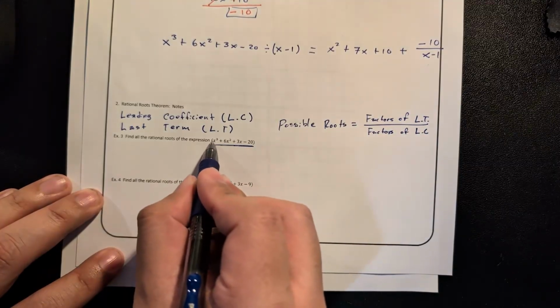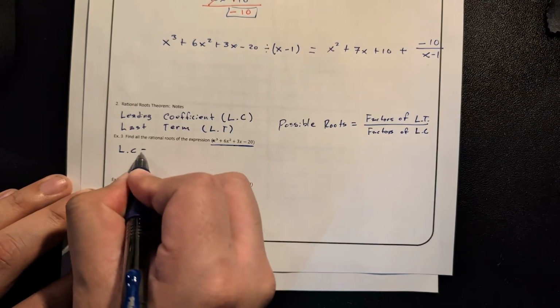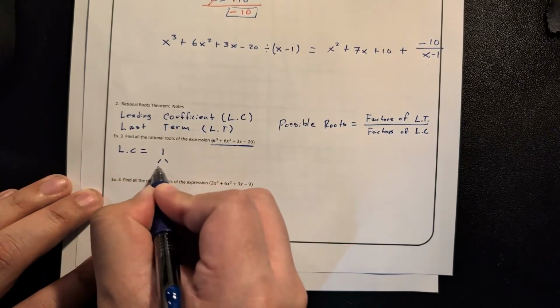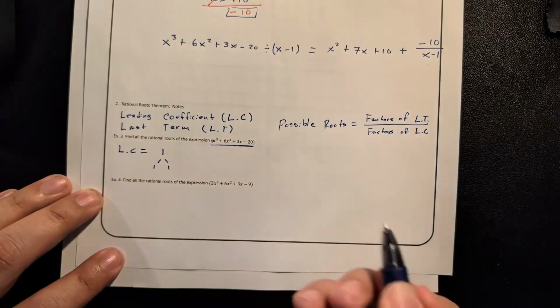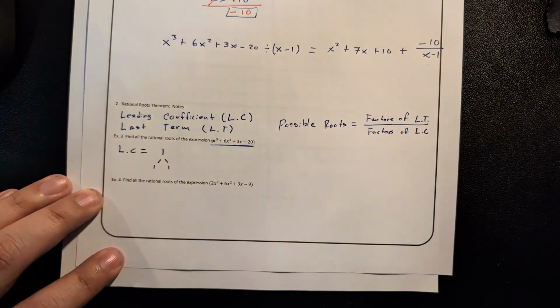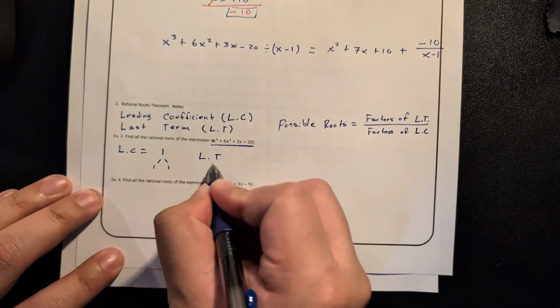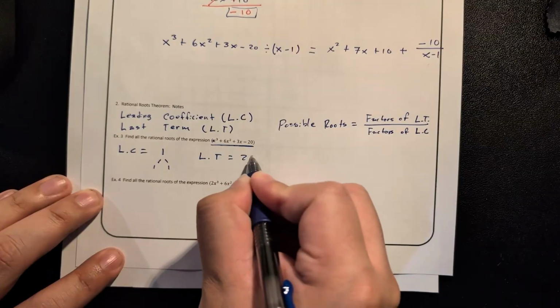And it looks like we have an invisible 1. So our LC is equal to 1. And if we break this down, it's just 1 times 1. The last term here, or LT, is 20.